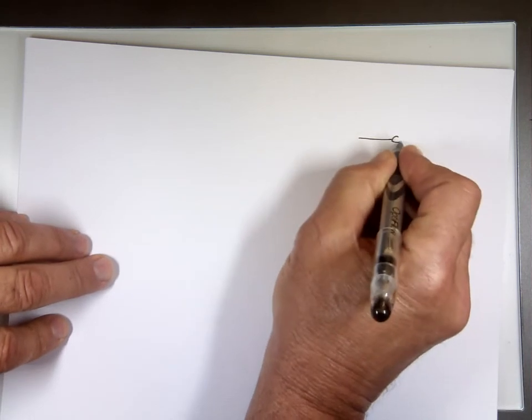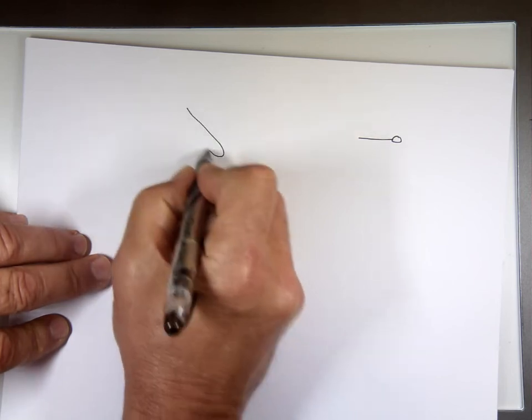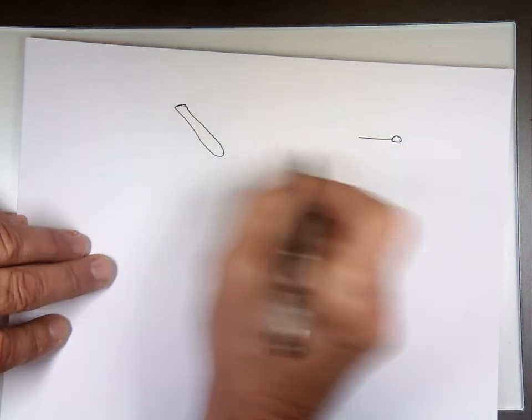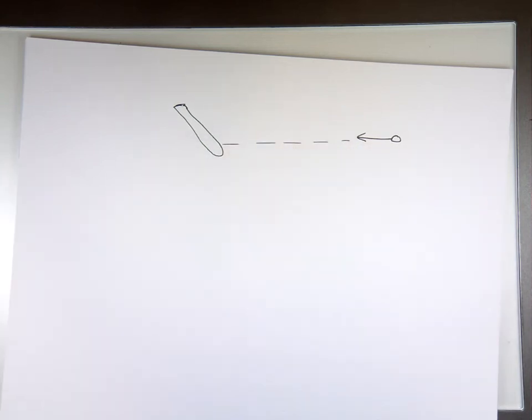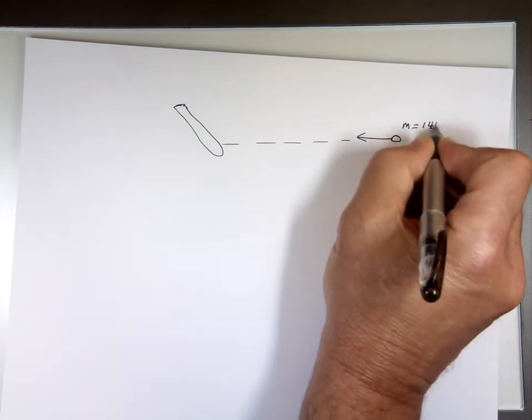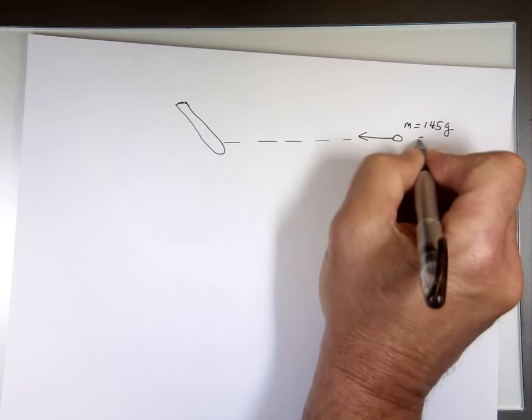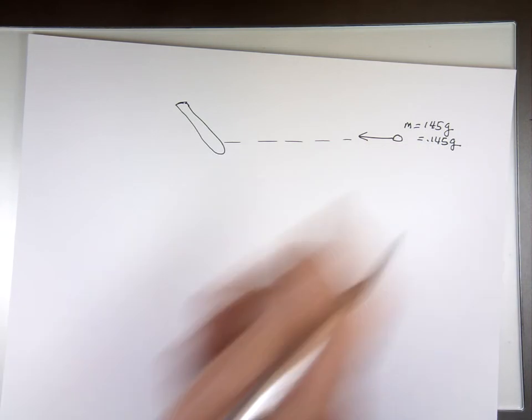The pitcher throws the ball to the batter, so I'll just put the bat there. That's the baseball bat, and the ball's traveling this way. The baseball has a mass of roughly 145, 150 grams, which is 0.145 kilogram, not grams.